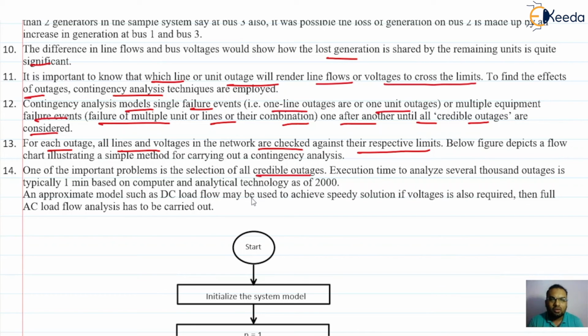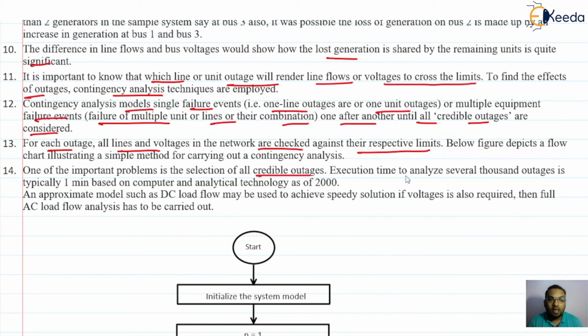The selection of the credible failures, in the sense, the failures which will make the voltage or the line flow cross the limit, those outages we have to select. So that is a very important part here.